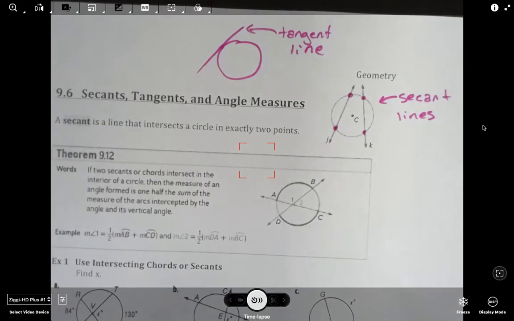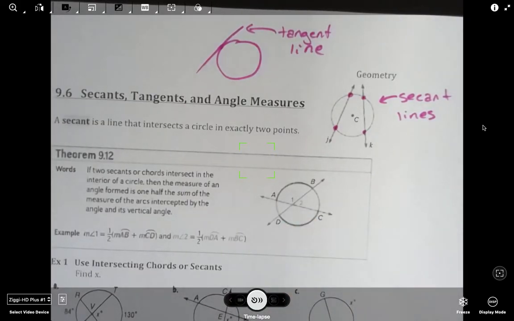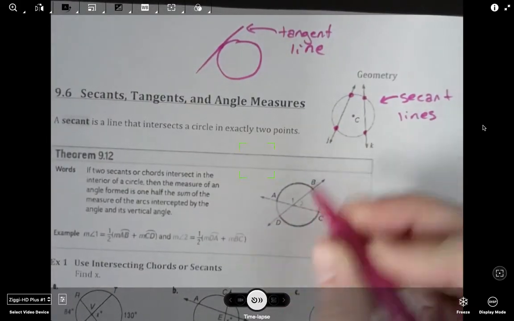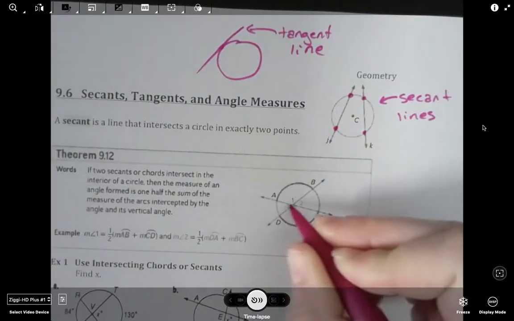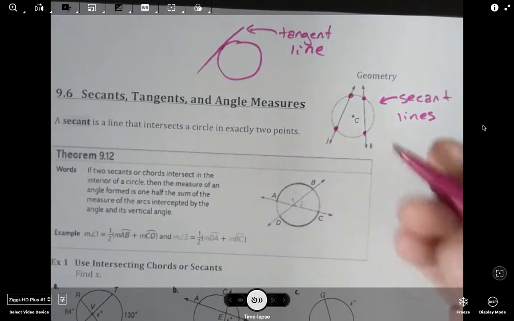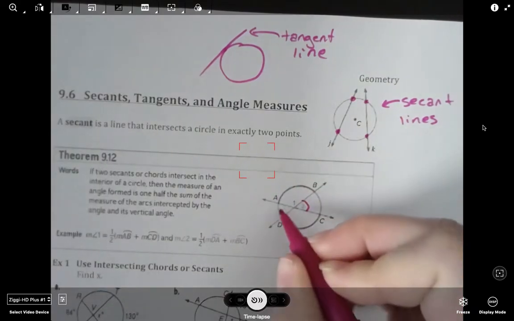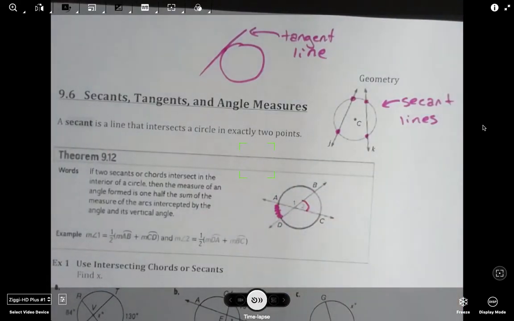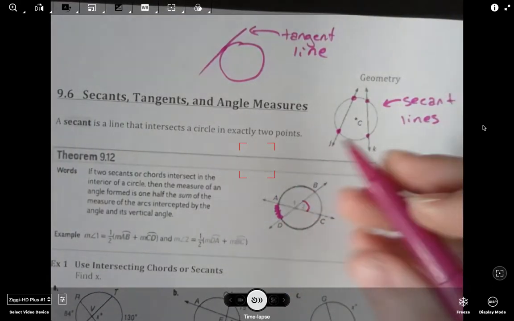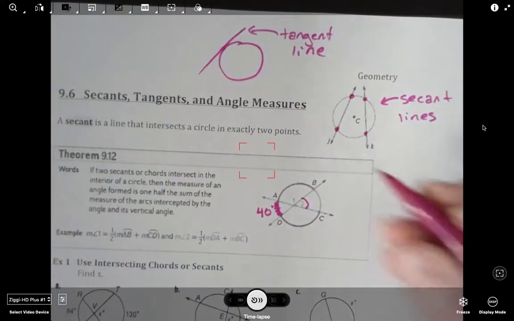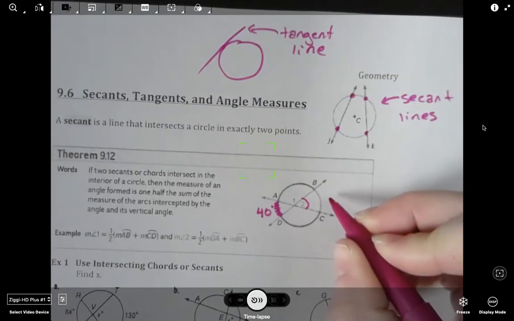Now, you're going to have a couple secant lines that are interacting with each other, and they're trying to find the measure of these angles inside where they cross. Referring to just angle 2 here, let's say arc AD is 40 degrees, and this arc right here is 60 degrees.